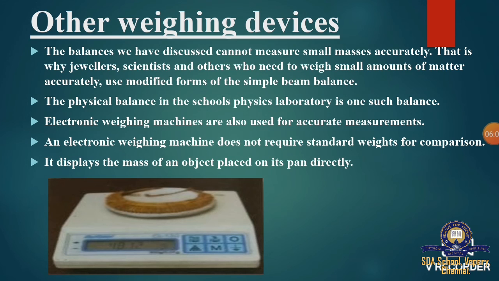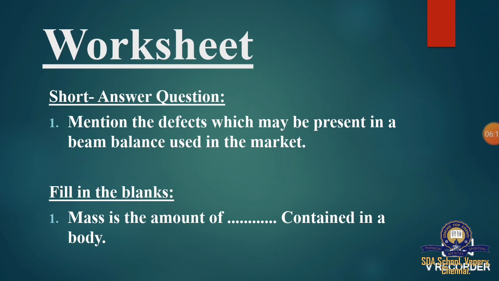Okay students, I hope you are clear about the measurement of area and the measurement of mass. Now here is some of your worksheet. The first question is: mention the defects which may be present in a beam balance used in the market. You can write it generally: when you go to the marketplace and buy things, you can see the weight balance between two objects, and if you notice any defects in that, you can write them down.